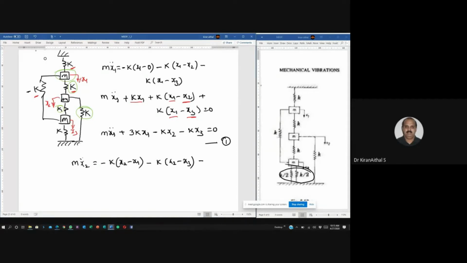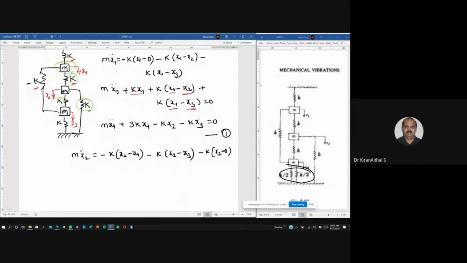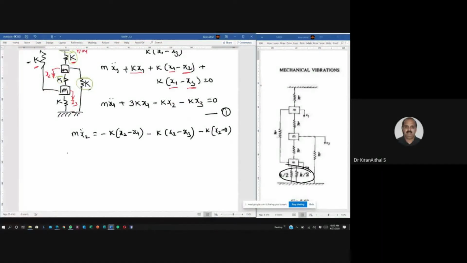Minus again k into (x2 minus 0), the last one which I talked about, that is this one. So when I rewrite this, m x2 double dot plus k into (x2 minus x1) plus k into (x2 minus x3) plus k into x2 is equal to 0.